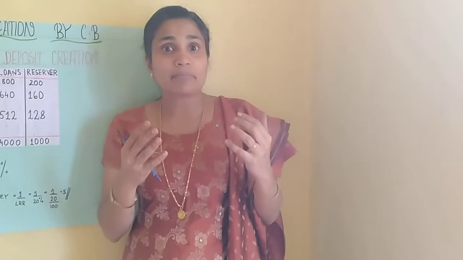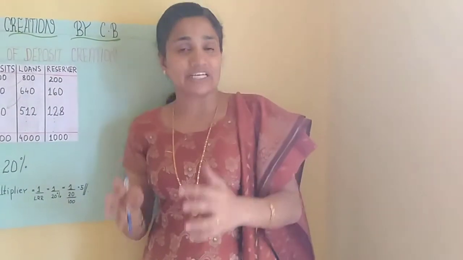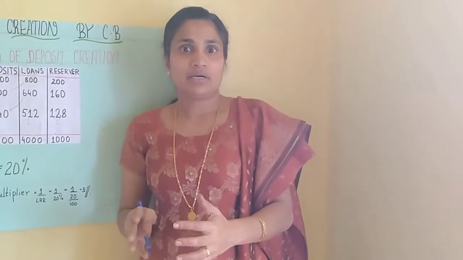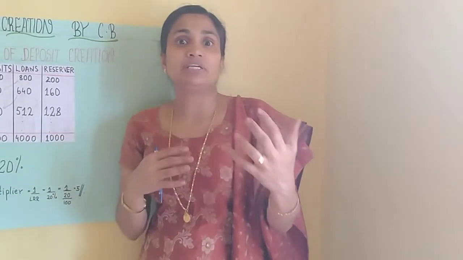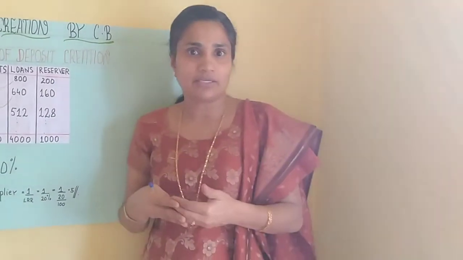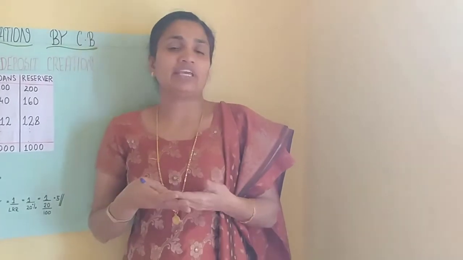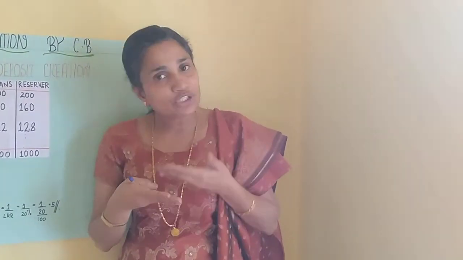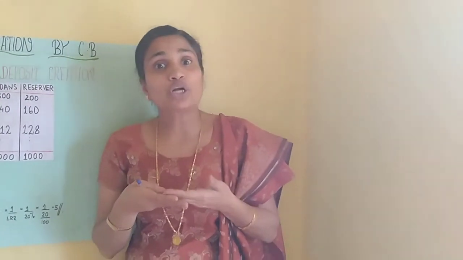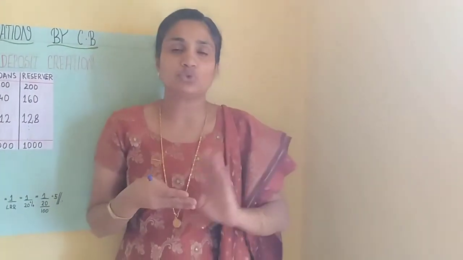If the commercial bank lends the whole amount, 1000 plus 1000 plus 10,000, what will happen when a person immediately comes to the bank for withdrawing money? There is a collapse. So here we can see that commercial banks will not lend the whole amount of the deposits. Then what will they do?